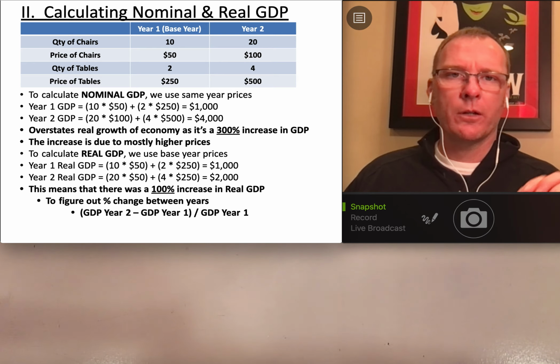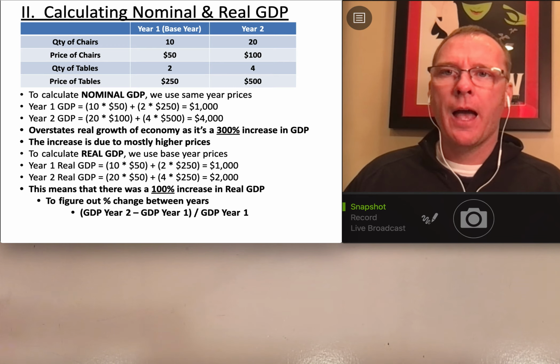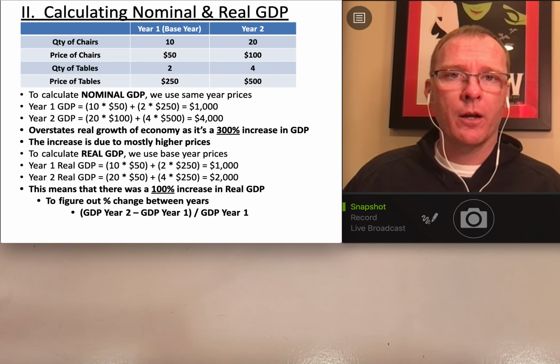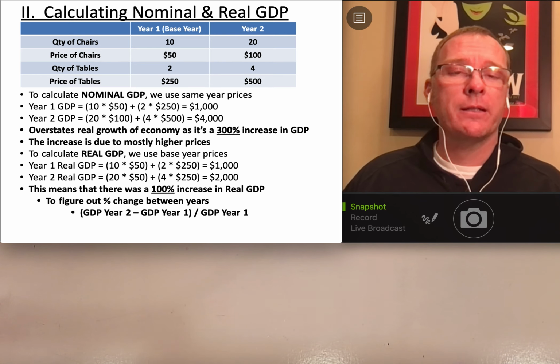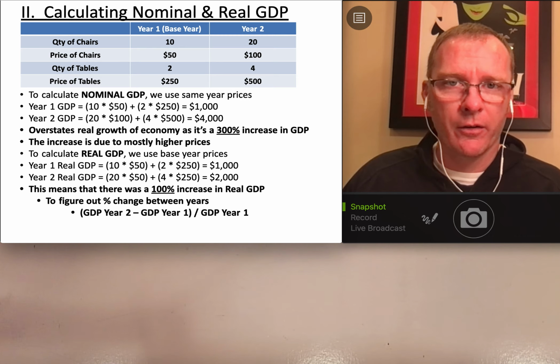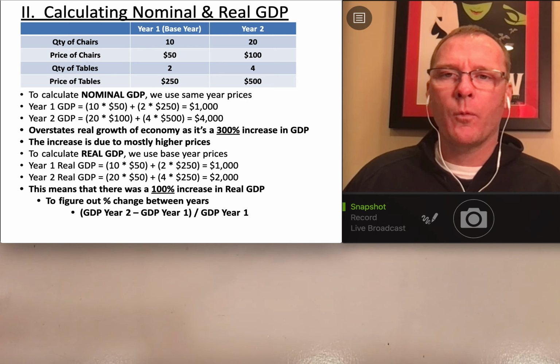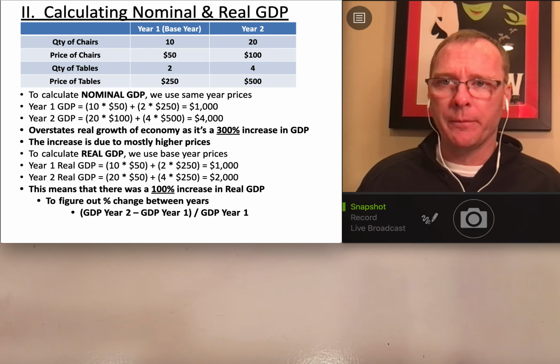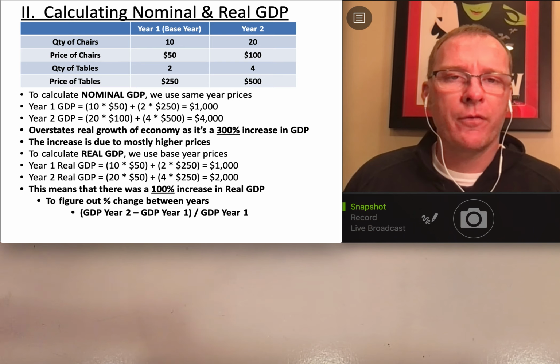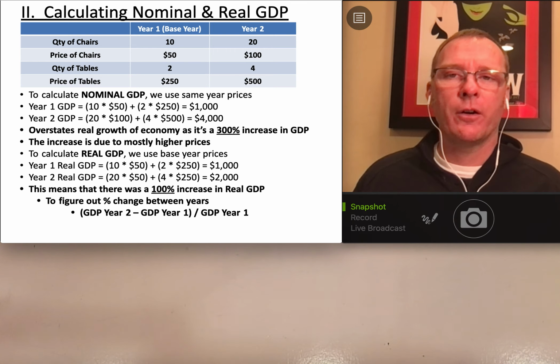Now, if I go to year two, what I can see is I made 20 chairs, but the price has increased to $100. And I made 4 tables, but the price has increased to $500. So when I see what this is in year two, if I'm just looking at GDP nominally, I'm going to have a $4,000 number.